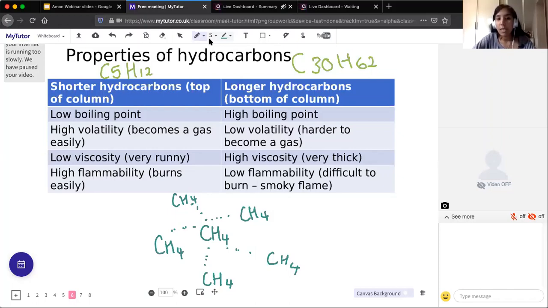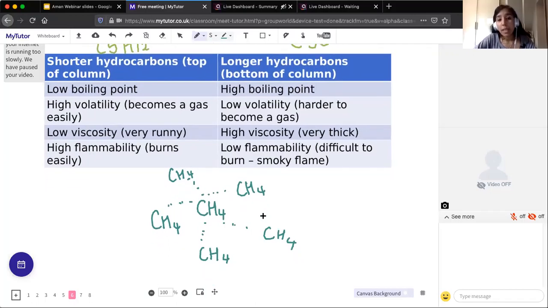What do we need to say in an exam to help us answer why molecules with covalent bonds and intermolecular forces have low boiling points? We need to talk about it in terms of energy. So what we need to say is that there are weak intermolecular forces between molecules of hydrocarbons, and therefore very little energy is needed to overcome those forces.